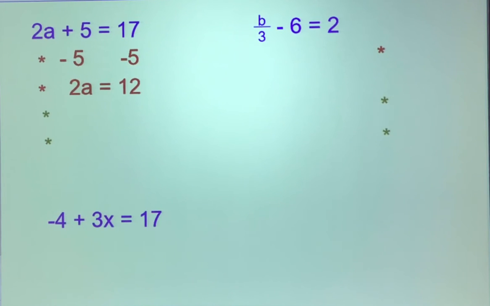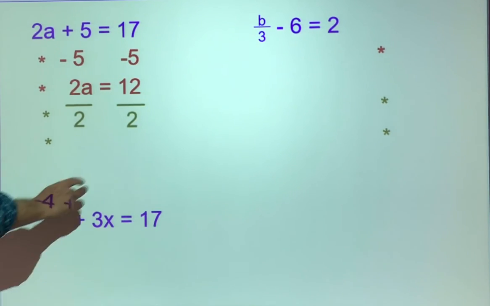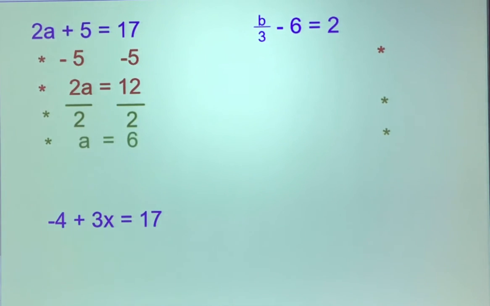Since they're multiplying by 2, we're going to divide both sides by 2. Doing so is going to isolate the variable because 2 divided by 2 is 1 and 1 times a is a. And 12 divided by 2 is 6, so we're left with a is equal to 6.